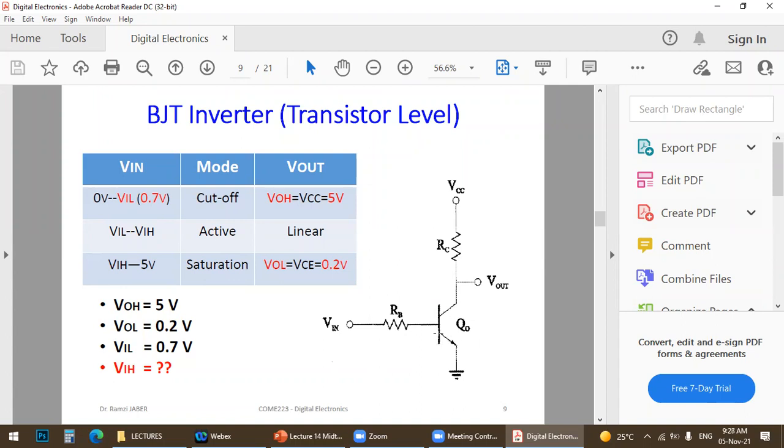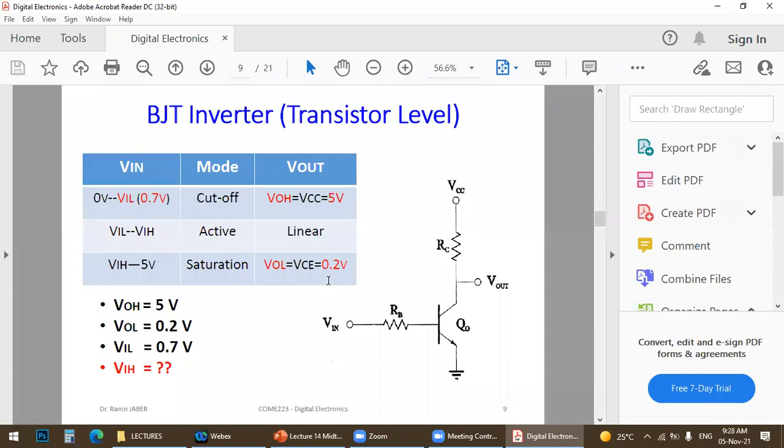So here we have the inverter: low gives us high, high gives us low. Low input gives the high output voltage, equal to 5 volt. High input gives us low, so the output low equals 0.2 volt.